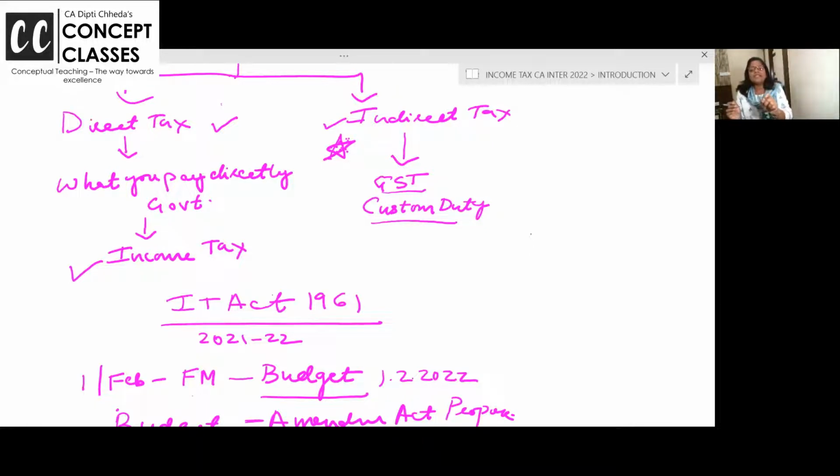But that GST on the services is collected from you and paid to the department by sir. Right or not? So indirectly, when the taxes are going to government, it is called indirect taxes. Directly when you pay, it is called direct taxes. Income tax is a direct tax.